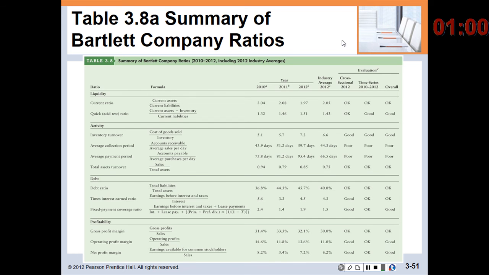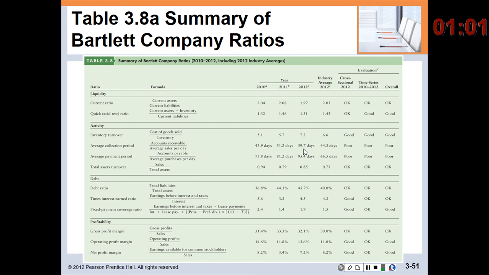So if you take a look at all of these numbers and all of these ratios, you'll see that most of these are in pretty good shape. I mean, maybe they go up or down a little bit, but there's not a big difference. The only ones that really stand out to me are these two ratios, the average collection period and the average payment period. The average collection period over the last 3 years is getting longer.